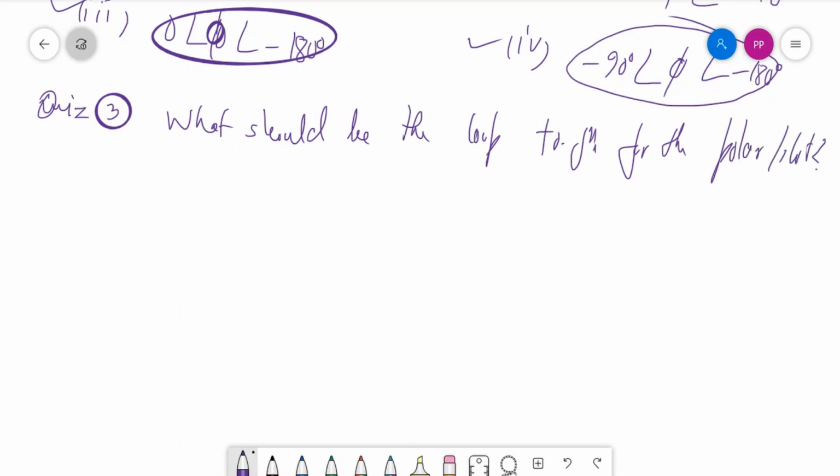Let us see. What is the polar plot? For simplicity, I am not giving nomenclature to the axis, that is real and imaginary axis, but I am directly drawing the polar plot.